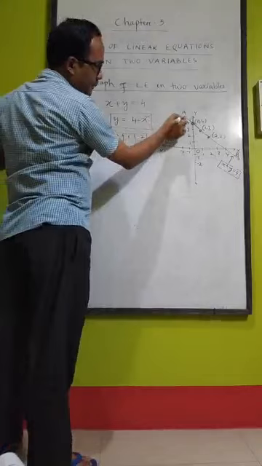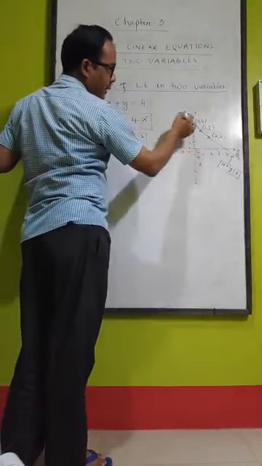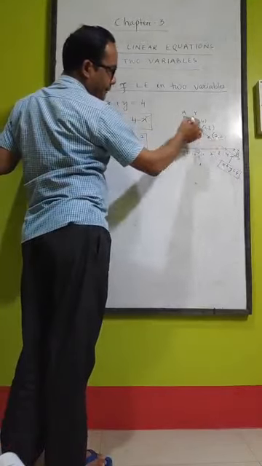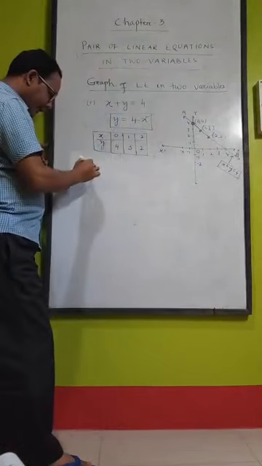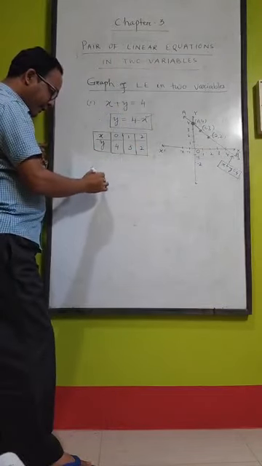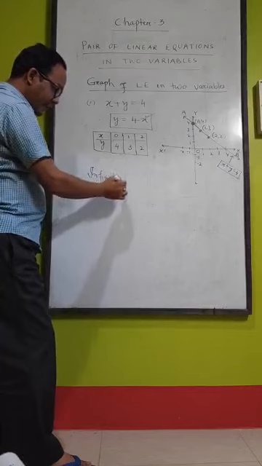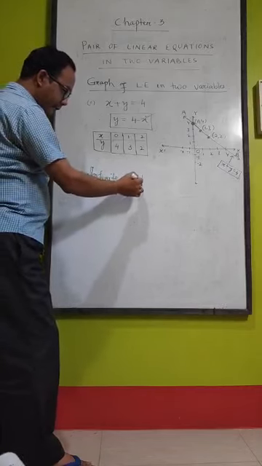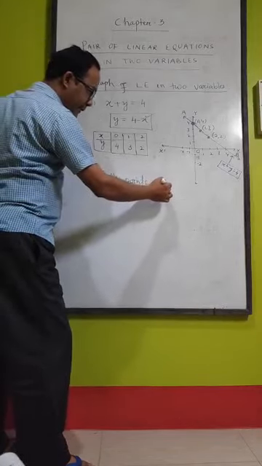And one thing we have to remember is, how many points can you find on this straight line? Obviously, there are infinite points on this line AB.